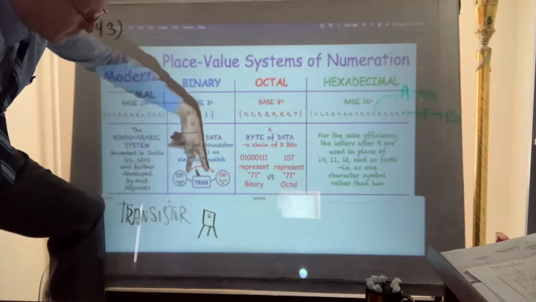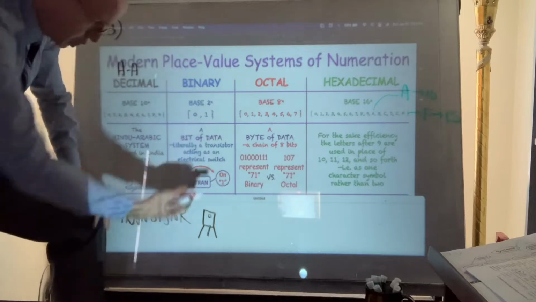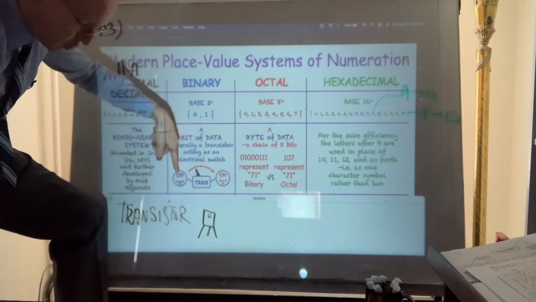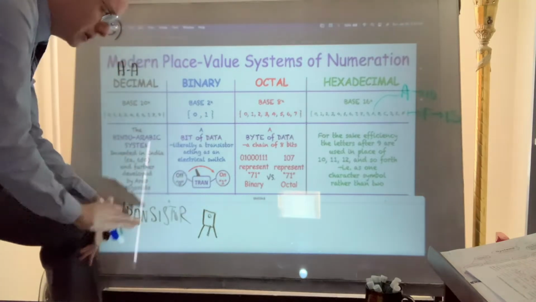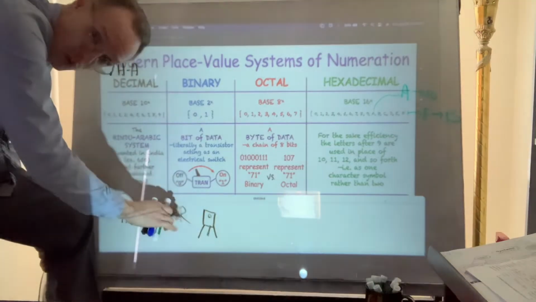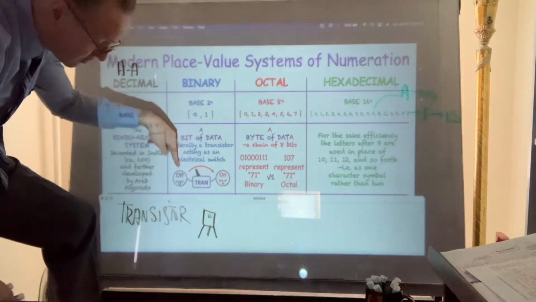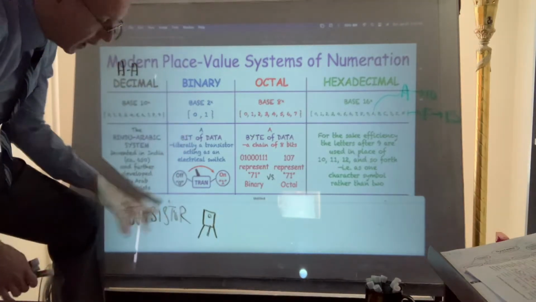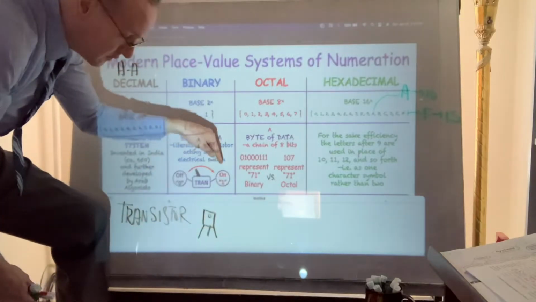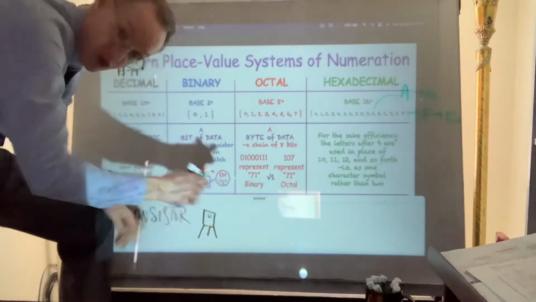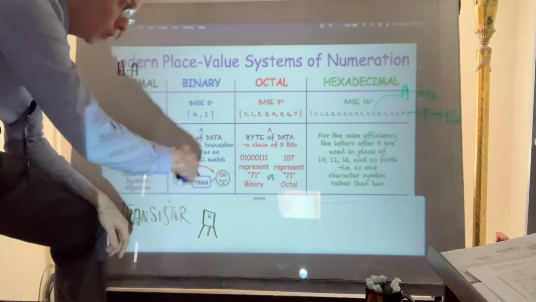Anyhow, if it's behaving like a switch, you can imagine this as being a switch in profile. In the off position, when essentially there isn't as much current, it's probably a little bit, but let's just call it off for all intents and purposes, that is the state known as 0. And when it is engaged, when current is flowing, that is the state in which the circuit is on. So we would call that 1.